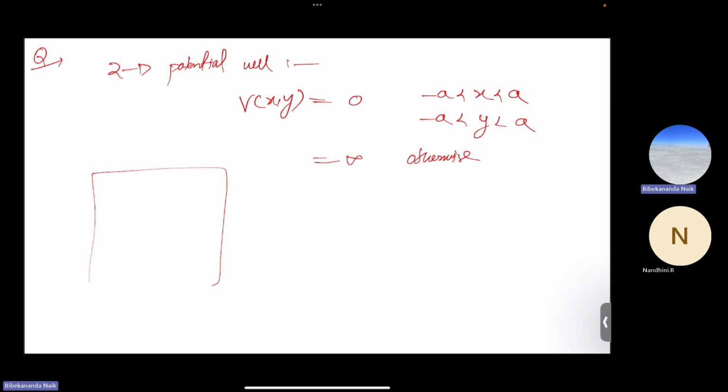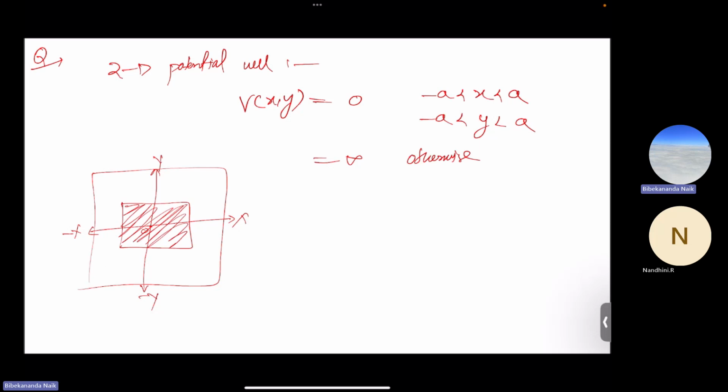So suppose this is a two-dimensional space, and this is the origin, then here it will be x, minus x, y, minus y. So in this region, the potential is 0, but outside this region, the potential is infinite.